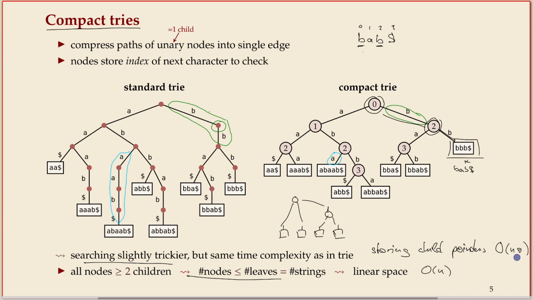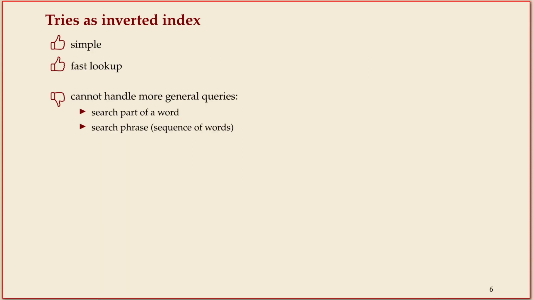That's pretty much what you need to know about tries. There's 2 versions, the standard and the compact one. We'll often think in terms of the standard trie for the algorithms, but what we really want to store is the compact trie, because it's more space efficient. And you can use tries as they are, as I've shown them, as an inverted index, and they would perform reasonably well. As long as this fits in main memory, that's pretty fast.